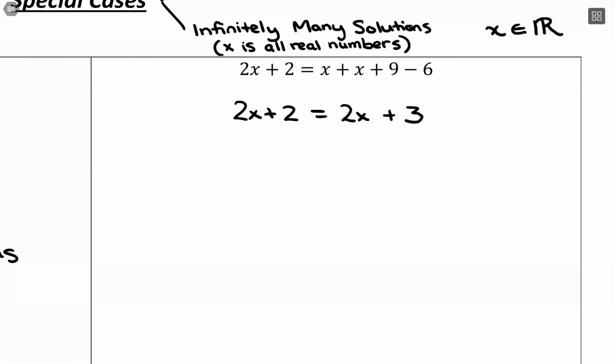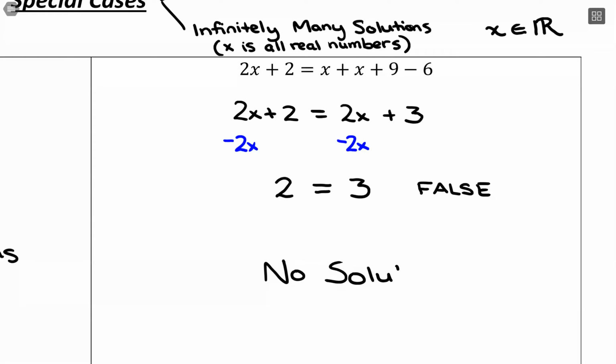So we go this extra step of subtracting 2x from both sides, which means our variable disappears. That tells me we're going to have a special case solution. We have the constant 2 equal to the constant 3. Now 2 equals 3 is a false statement. That does not balance. And this leads to the conclusion that there are no solutions. Nothing will work for x to balance that equation.